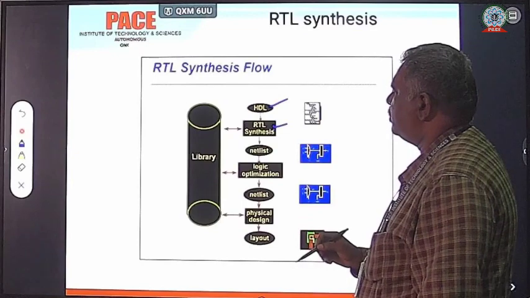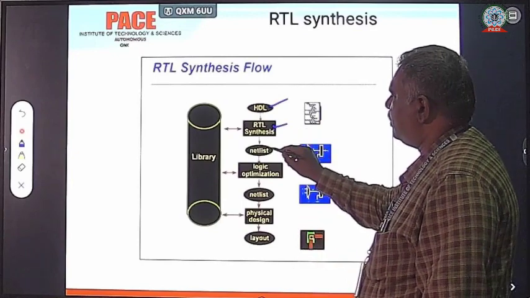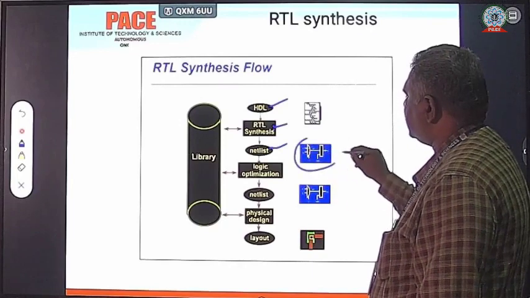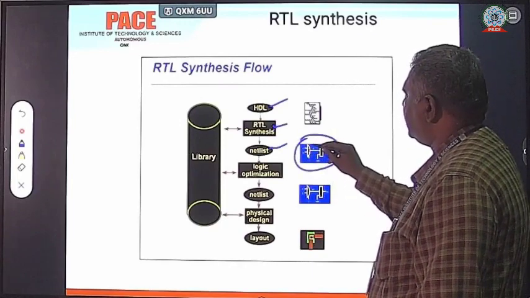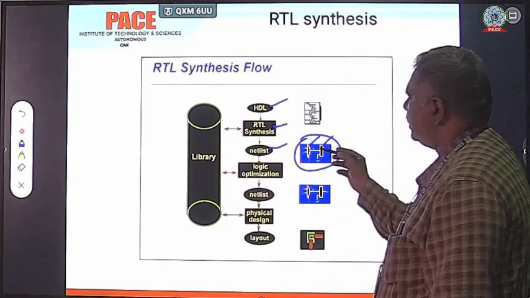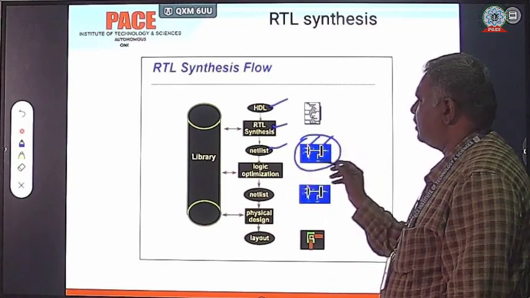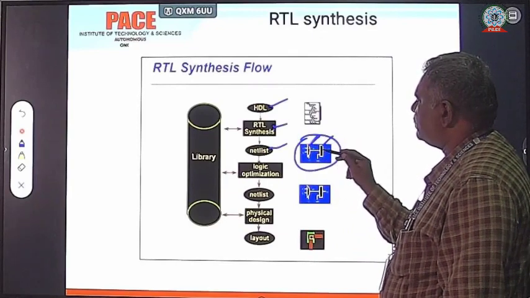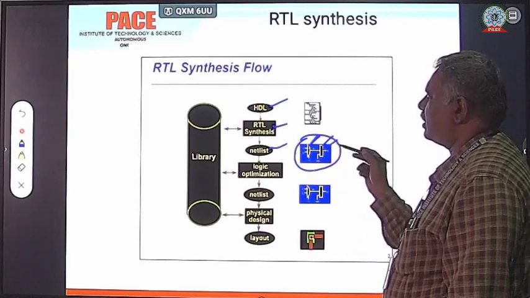The verified one becomes a netlist. In the netlist, we have the multiplexer and the gates. From that we are going to verify the logic, whether the multiplexer and gate-level operations are correct or not.